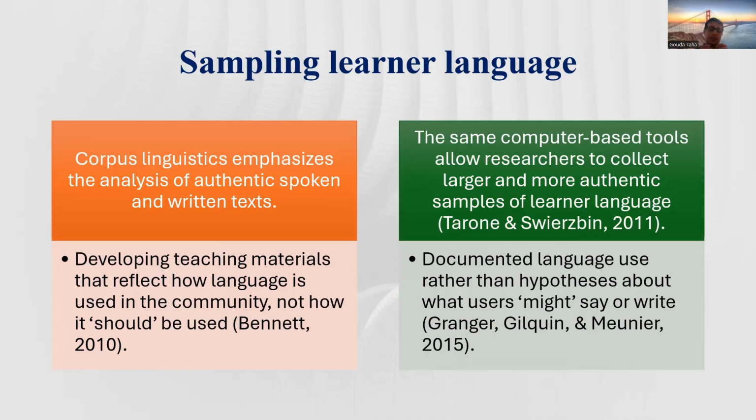So corpus linguistics emphasizes the analysis of authentic spoken and written texts, developing teaching material that reflects how language is used in the community, not how it should be used, and documented language use rather than hypotheses about what users might say or write.